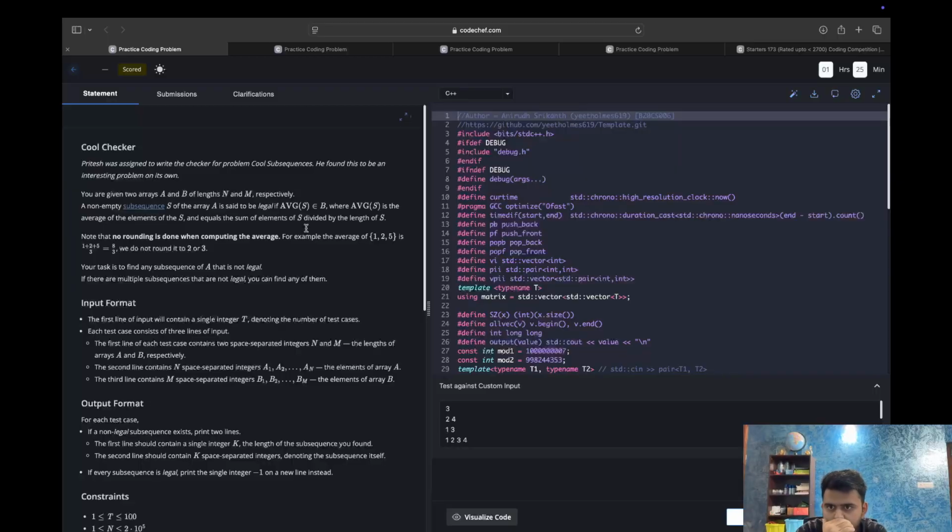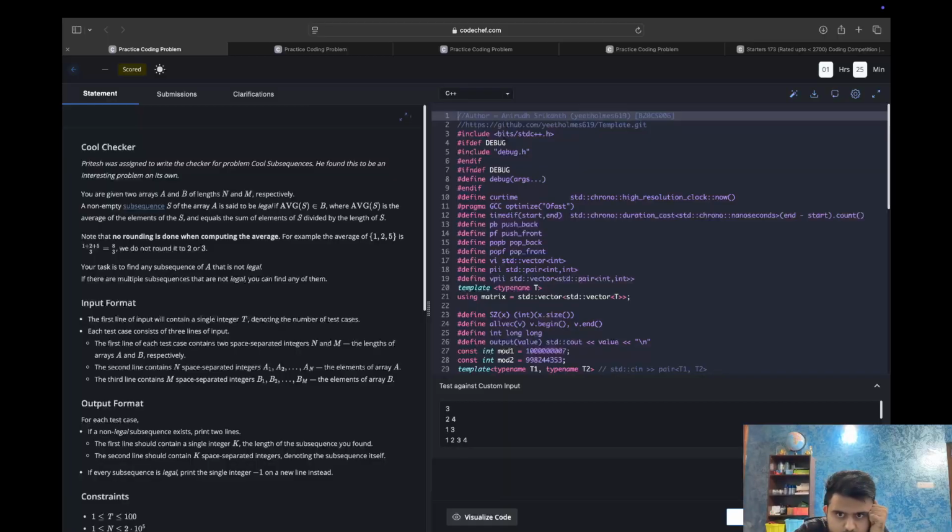Okay, cool, checker. Pritesh was assigned to write the checker for the problem Pool Subsequences. He found this an interesting problem on its own. You are given two arrays A and B, of length n and m. A non-empty subsequence S of A is said to be legal if the average of S is in B. Note that no rounding is done when computing the average.